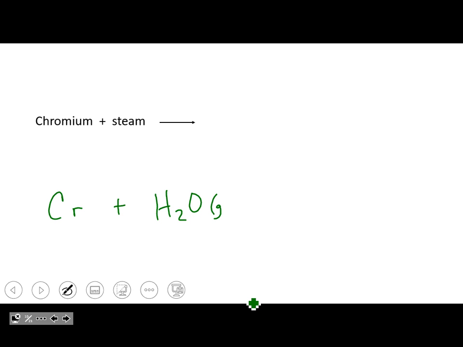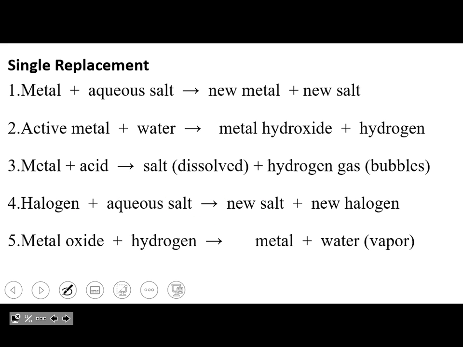And I could put gas like this to signify that I have steam. Now, it is important to know that. Okay. So I have a metal and water. So I look, do I have a metal and water? Oh, right there. Right there.